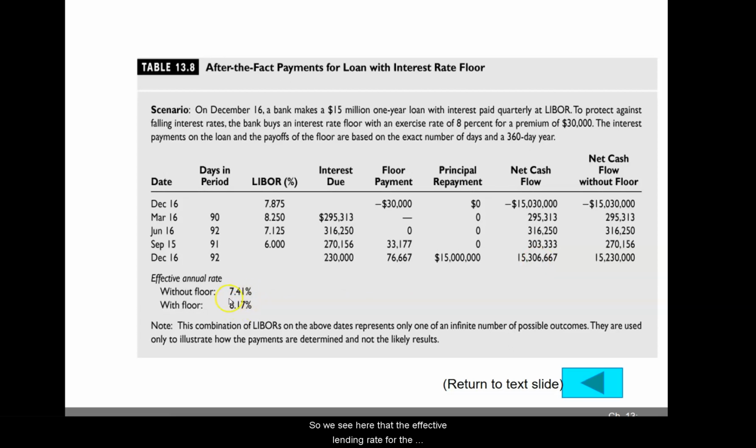So we see here that the effective lending rate for the lender with the interest rate floor is 8.17%, and again this can be easily done in an Excel sheet by estimating the IRR of these cash flows. The same can be done for the situation in which the lender is not hedged using interest rate floors, and we see that in that case the effective lending rate is 7.41%, which is lower than the one with the hedged position.